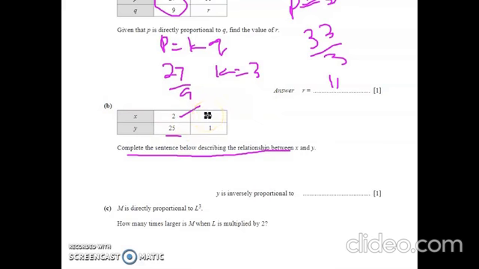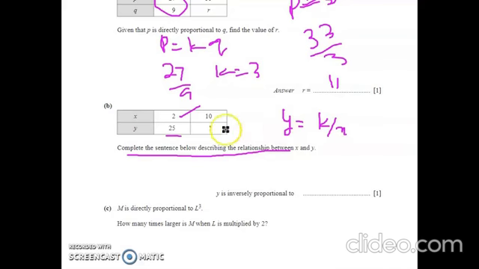And then when X increases up to 10, the Y is 1. Okay, so now let's put these values in the general equation. So the general equation for the inverse relationship is Y is equal to K upon X.